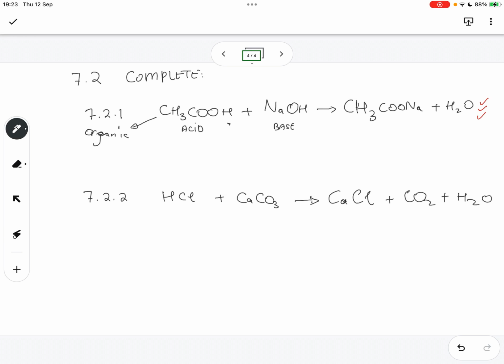But you must remember, calcium, right? It's on group 2. Calcium is on group 2. That means it is willing to donate 2 electrons. So metals that are in group 2 would donate 2 electrons.